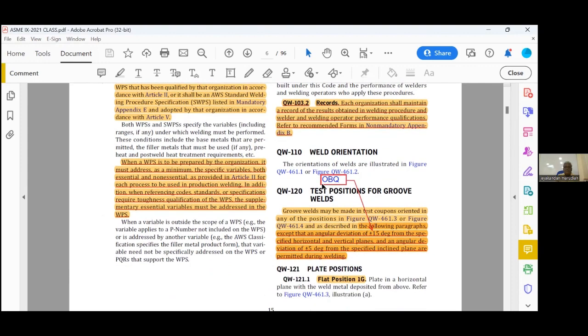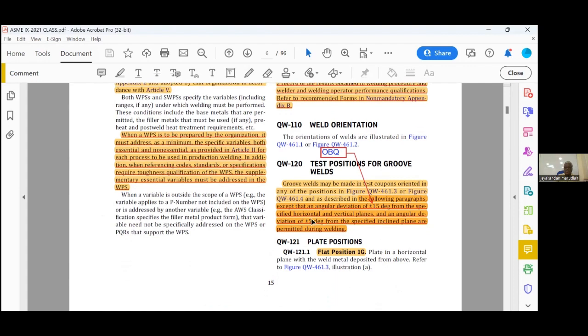Then this is position, important. Welders may test or open this following: to accept an angular deviation of plus or minus 15 degrees, page number 15, from the specified horizontal and vertical planes, and an angular deviation of plus or minus 5 degrees from the specified inclined plane are permitted. That is an open book question.